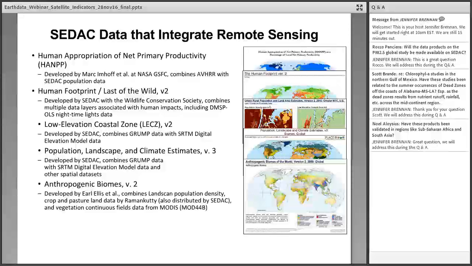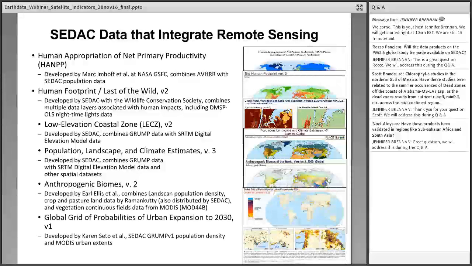Anthropogenic biomes, which is produced by Erle Ellis at University of Maryland, Baltimore County, takes a number of satellite-derived inputs to generate a land cover map. And the Global Grid of Probabilities of Urban Expansion, which was developed by Karen Seto and her team at Yale University, takes our data on population density and combines it with MODIS urban extents to measure propensity of likely urbanization in the future.